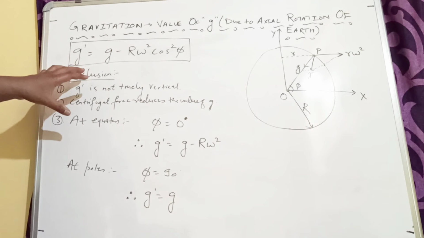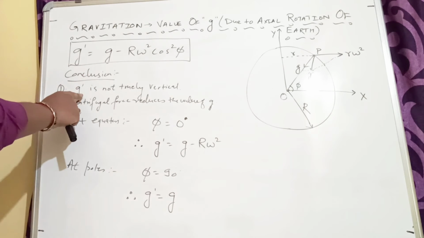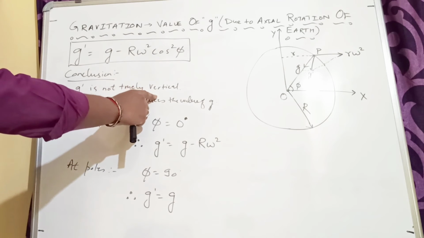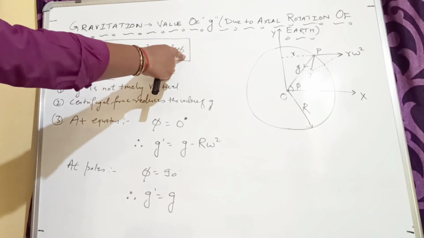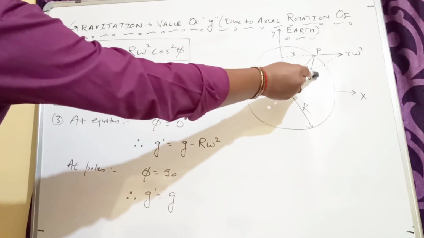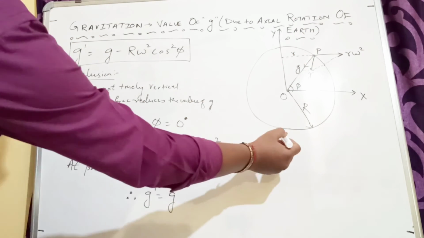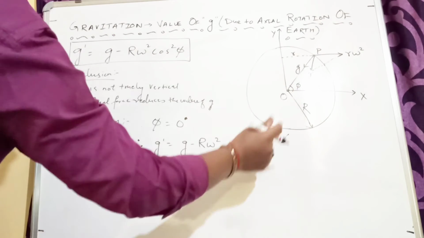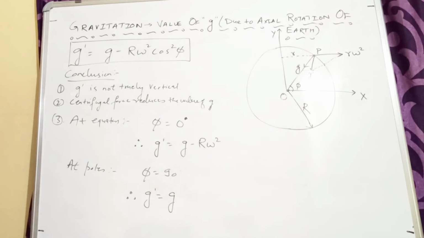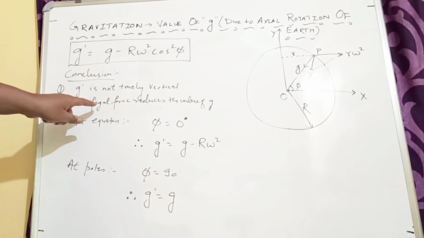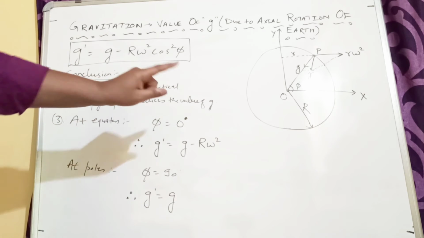So what is the conclusion? First, g dash is not truly vertical. Because of this rotational effect and this angle phi, g dash is not exactly in the vertical direction. It will be a little bit like this, as you can see in the figure. Second, the centrifugal force reduces the value of g.